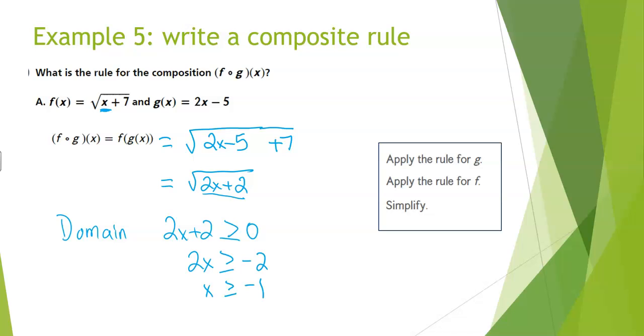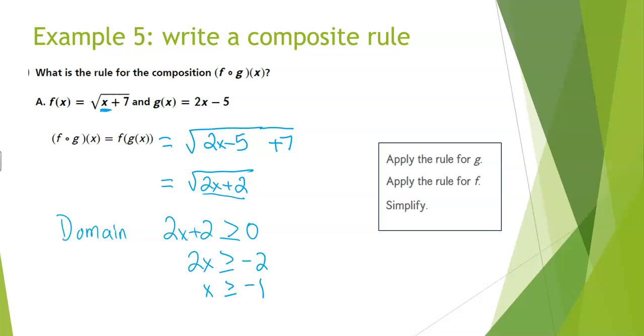which makes sense, right? Because if I put -1 in here, I would get 0. And if I put 0 in here, I would get the square root of 2. But I can't take a square root of a negative number. So if I put -2 in here, then I would get the square root of a negative number, and that wouldn't be valid.